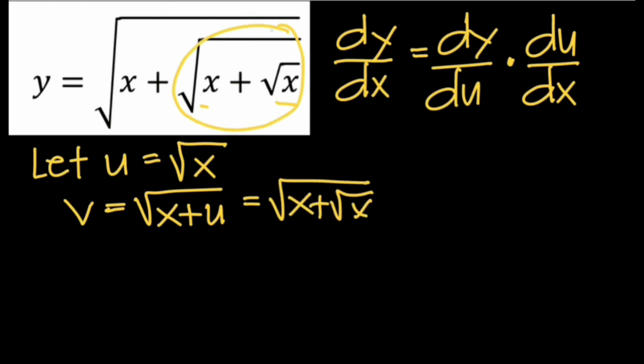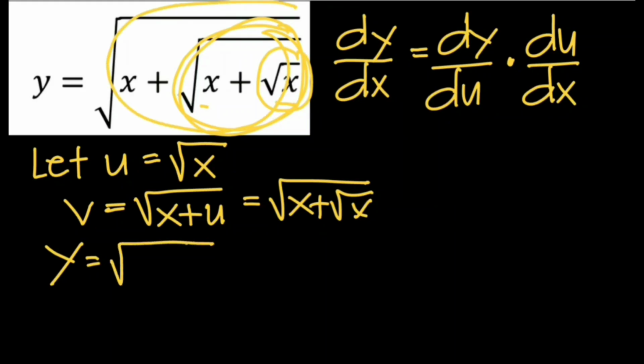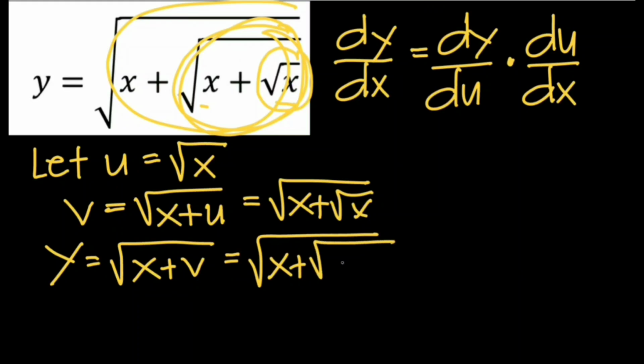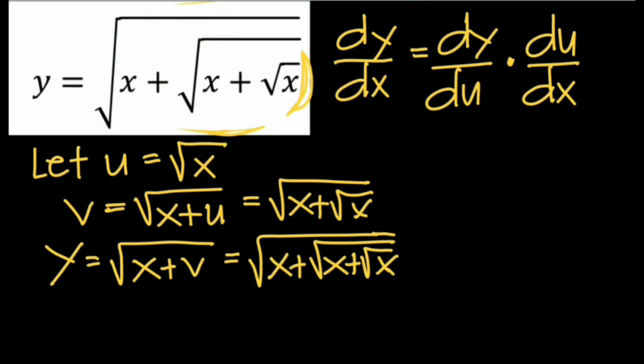So we let u be this one first, then v this one, and then for y, the whole thing, this is just the square root of x plus v, which is equal to the given function, the square root of x plus square root of x plus square root of x. Now let's differentiate each of these step by step, one by one.